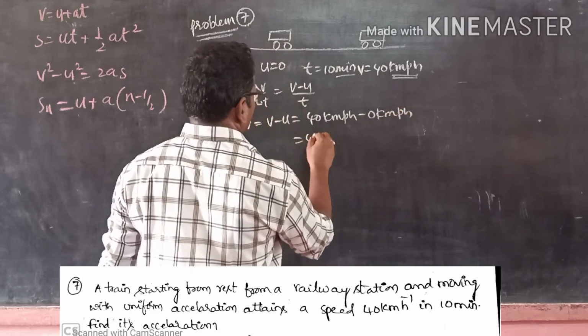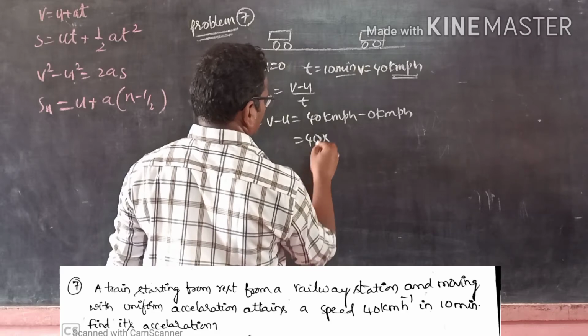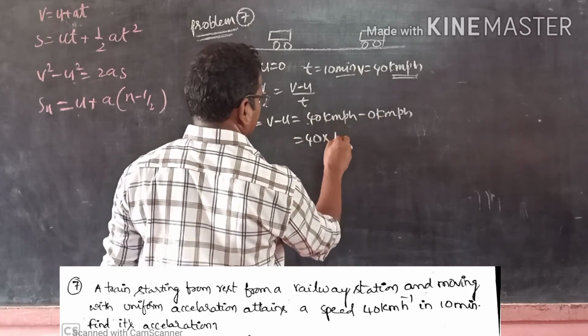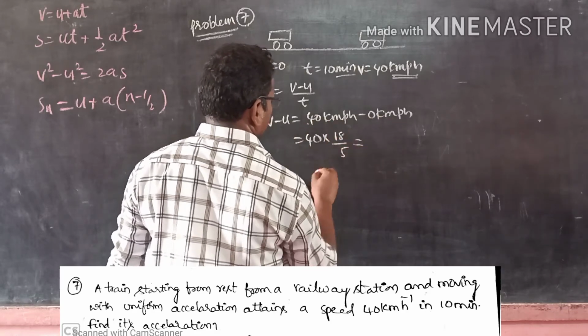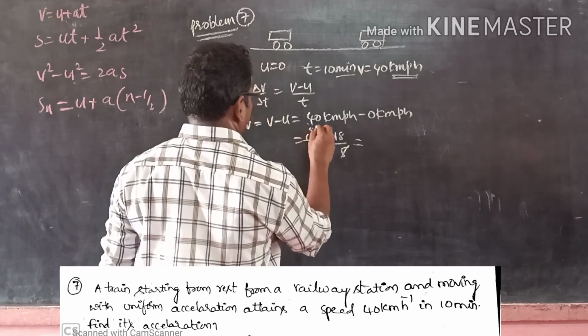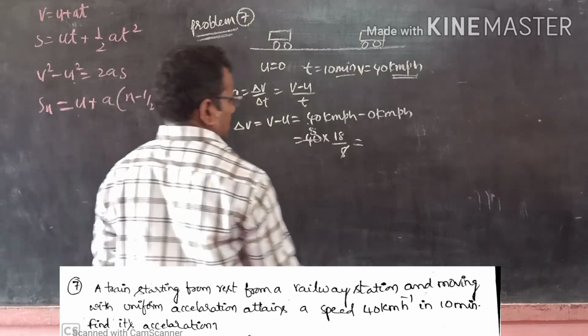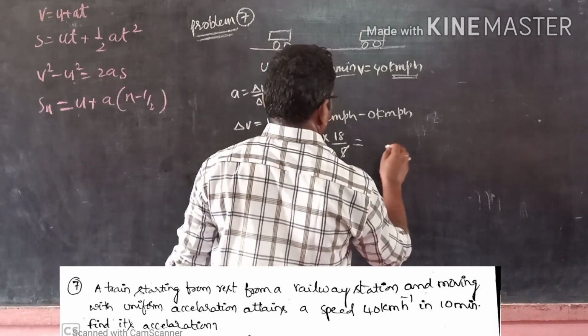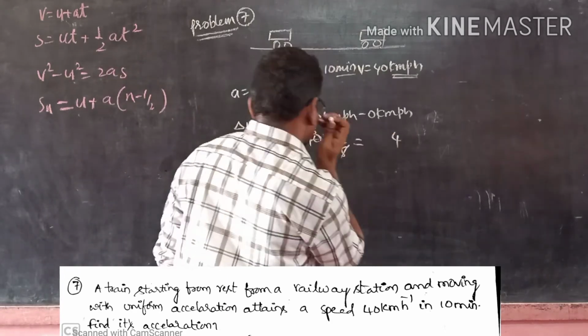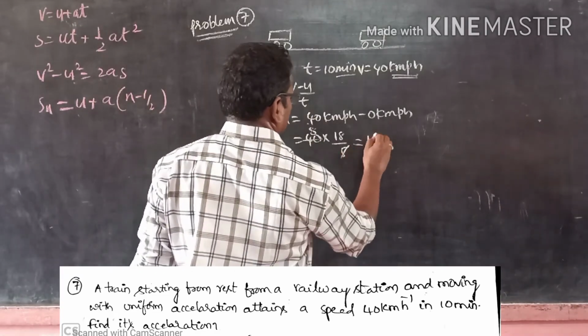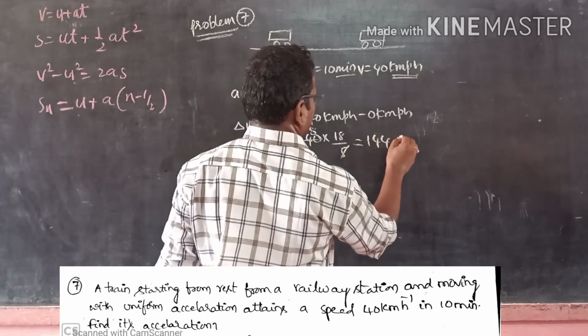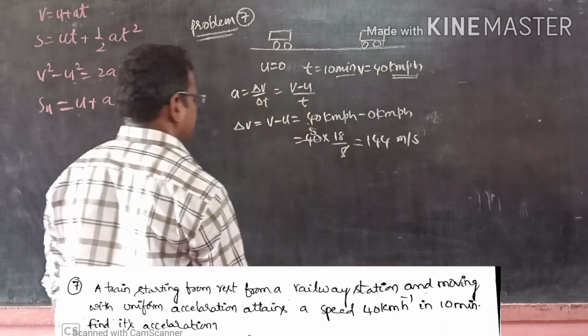So that is nothing but 40 into 18 by 5. 5 ones, 5 eights. Now the value becomes 144 meter per second.